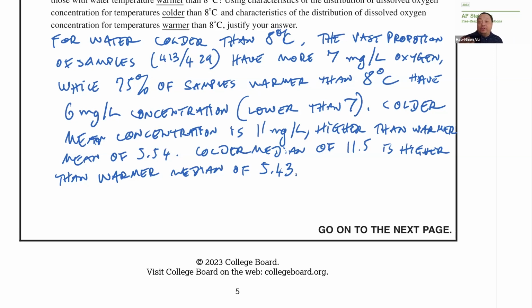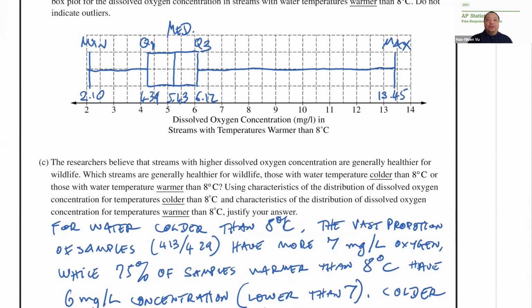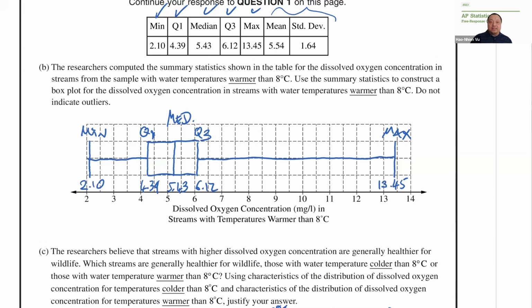I am not actually gonna run a 2-sample t-test for the means because I don't know the sample size of this sample. I don't know how many of the warmer samples they took. There's nothing in the description. So first of all, I cannot plug in the number for my calculator.